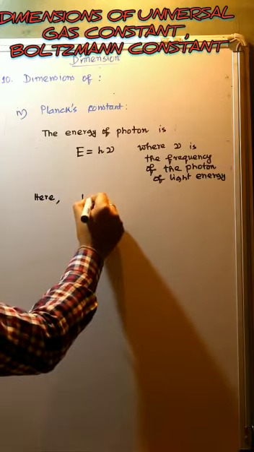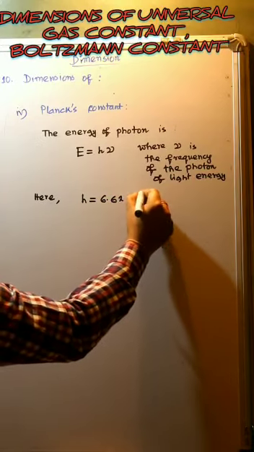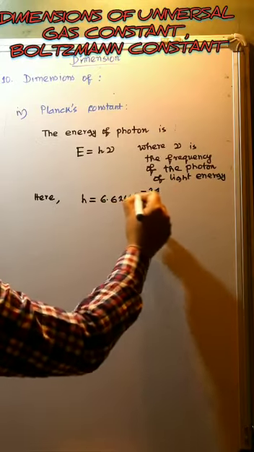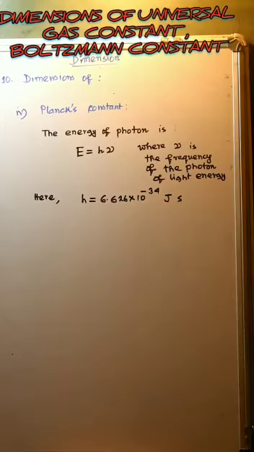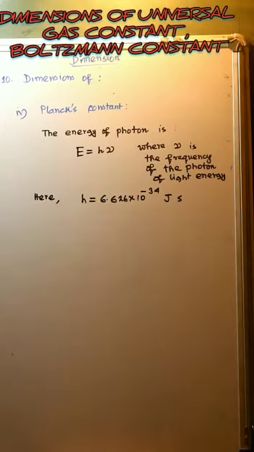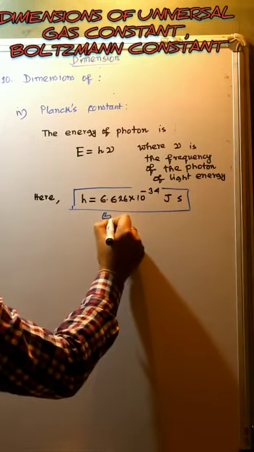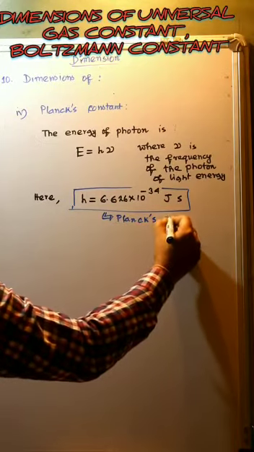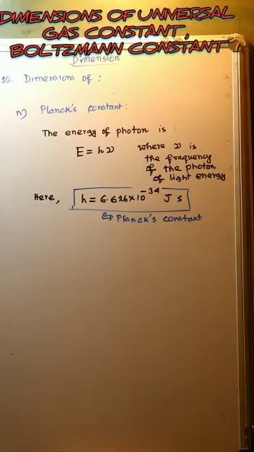The value of h is 6.626 into 10 to the power minus 34 joule second. This is the value of Planck's constant, which is related to the energy of photon. Packets of energy are called photons.